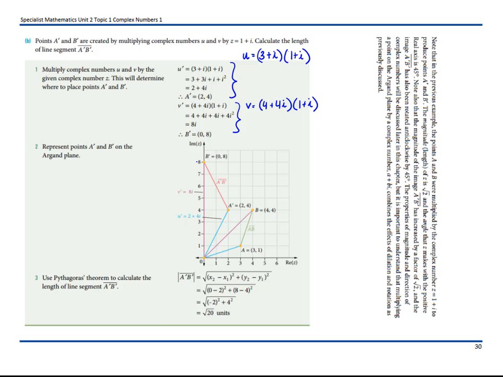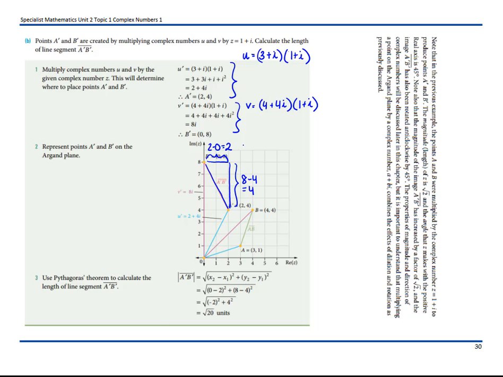So the next step is to work out the length of the transformed AB. So we're looking at this length here now. Again, you could draw a right-angled triangle. This length here would be 8 minus 4, which is 4. This length here would be 2 minus 0, which is 2. So you have the square root of 2 squared plus 4 squared.